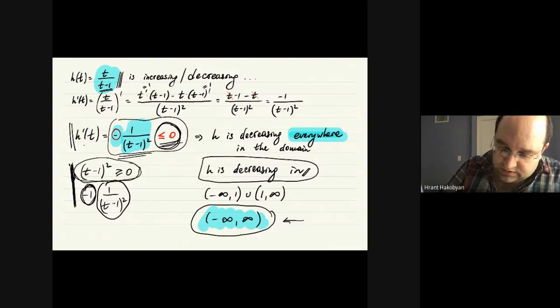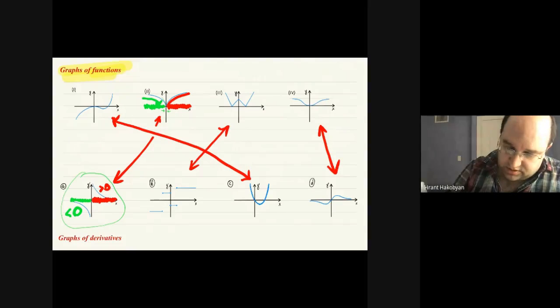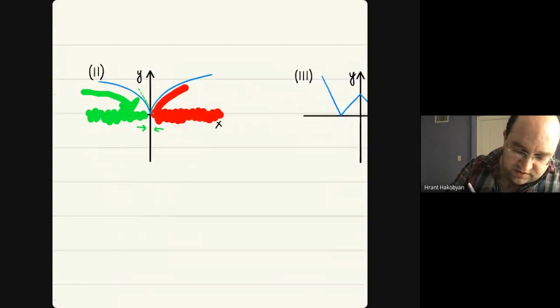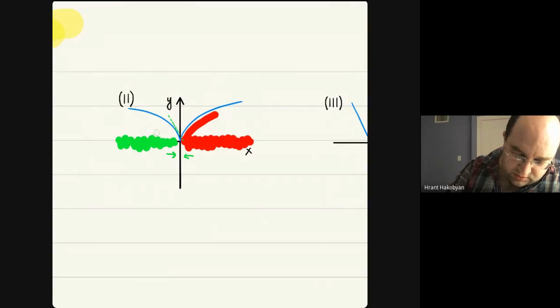So let me do then this other problem here. Actually, I'm going to erase these things here. Okay, so now in this problem, I have several examples, and I have to figure out which one of these is the derivative.